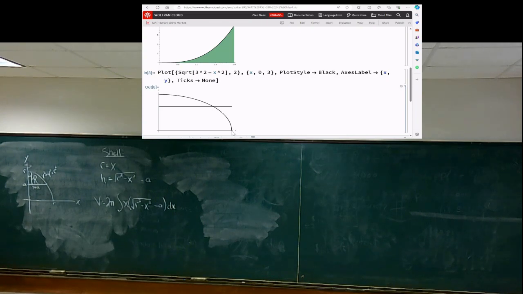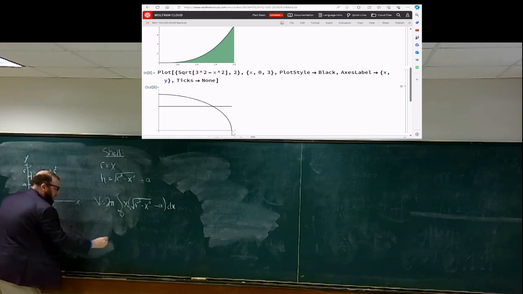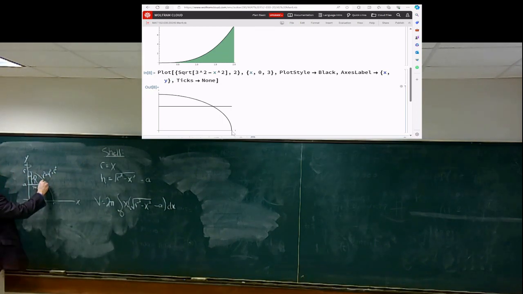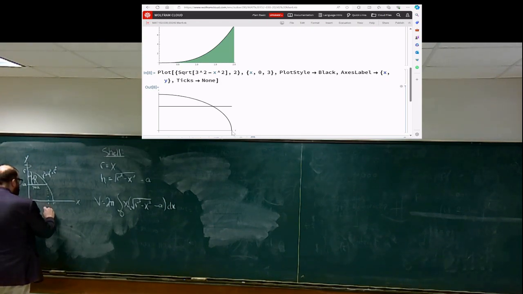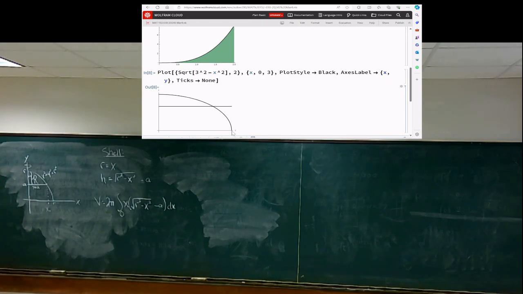Limits for integration, 0 to whatever that point is. For now, I'm going to call it x naught. I need to find a value for x naught. Well, it's going to be that point of intersection, right?